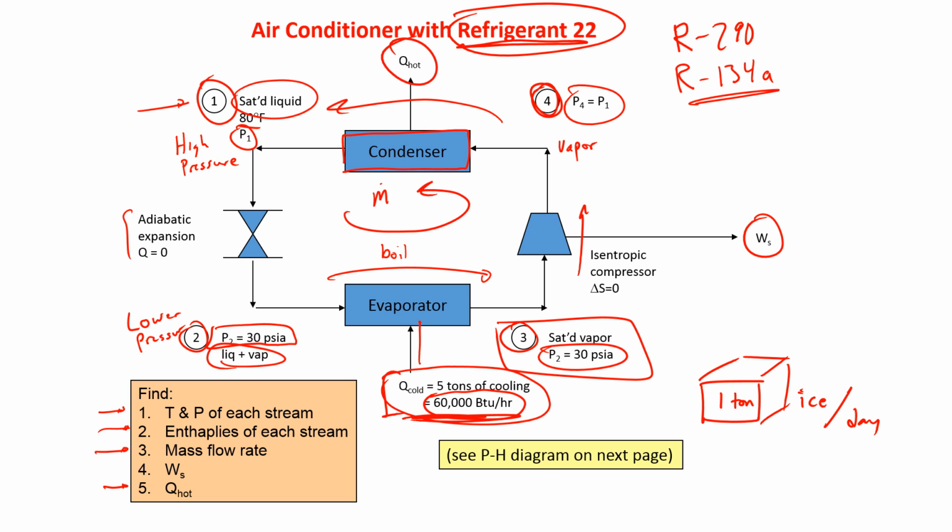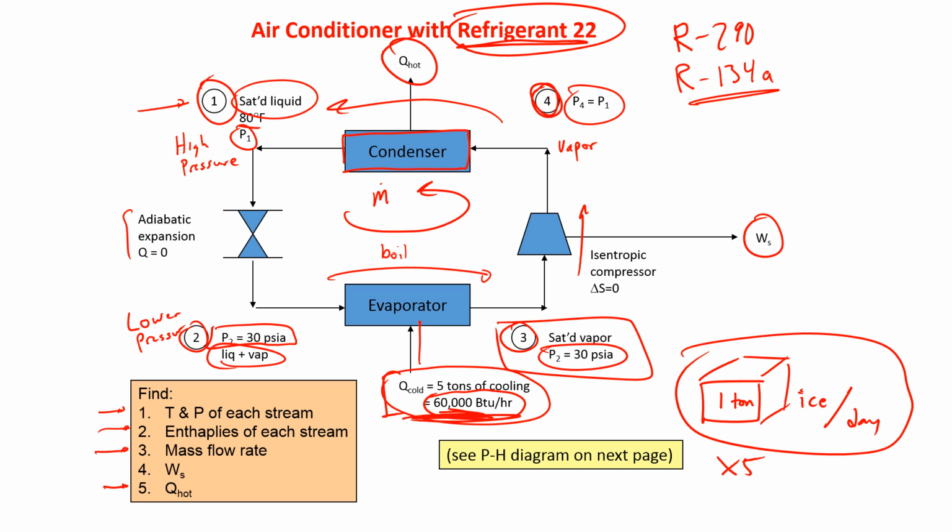So 1 ton of cooling means that you can make a ton of ice in 1 day. So if you have times 5, then you'd be making 5 tons of ice, and that is equivalent to an energy rate, if you distributed that energy consumption out over the day, of 60,000 BTUs per hour.